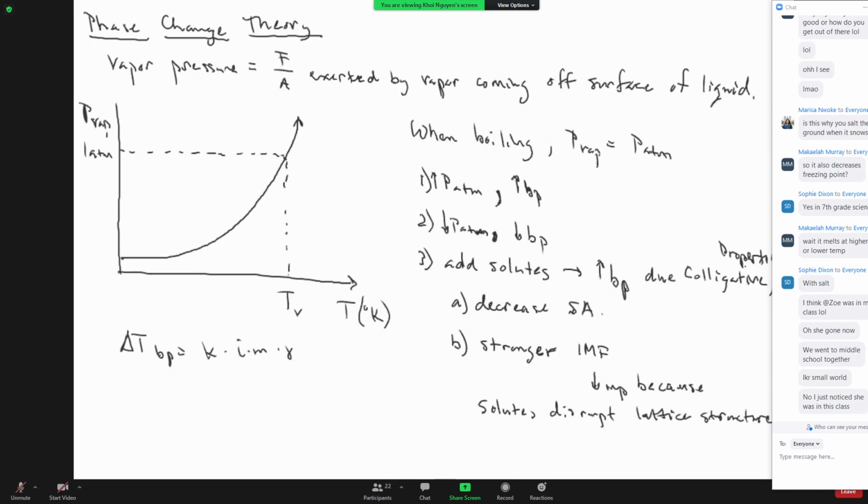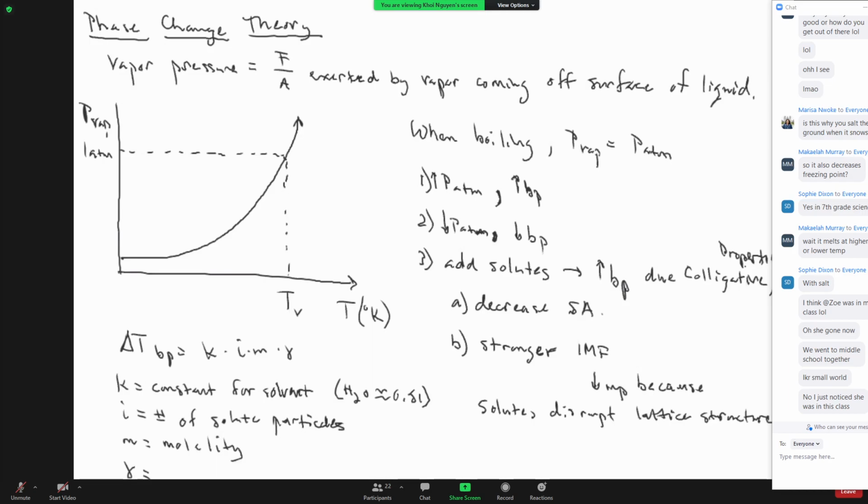Where K is the constant for the solvent, for water, 0.51. i is the number of solute particles. m is molality.